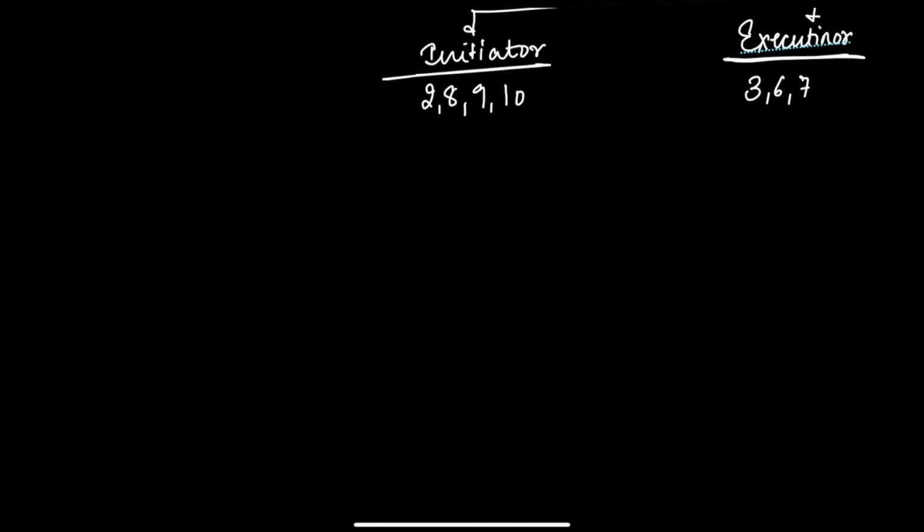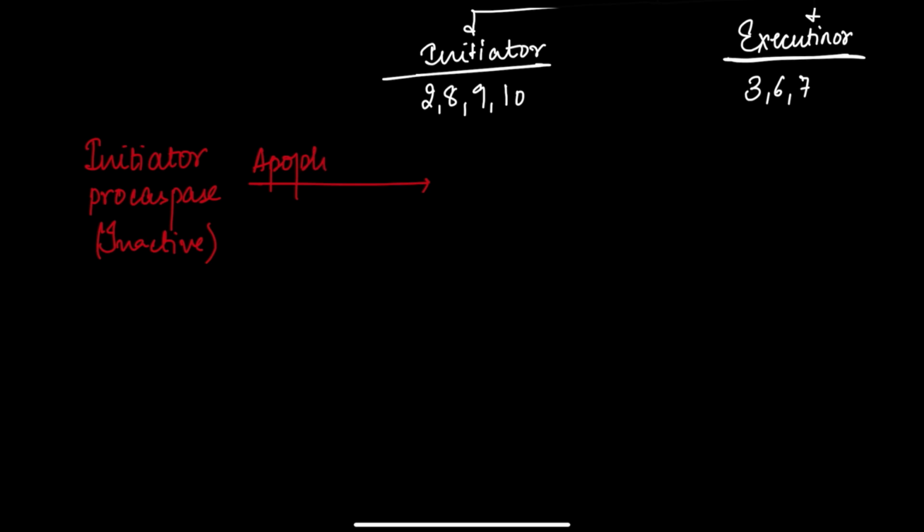Look here. First we have an initiator procaspase. Why is it procaspase? Because it is in an inactive form, right? Then comes an apoptotic stimulus, which converts the initiator procaspase into initiator caspase. Thus it becomes active.